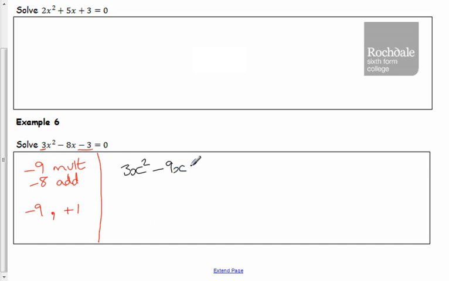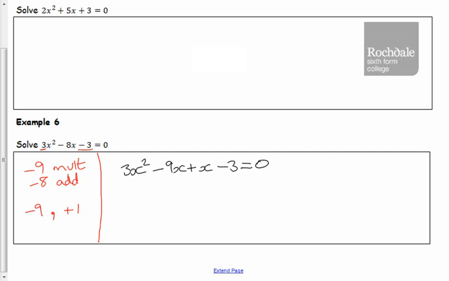So minus 9x plus 1x, we don't normally bother writing the 1 in algebra. So just to repeat, it didn't matter which way round I wrote those two terms. I'd recommend, if there's a positive term, putting it on the second part.